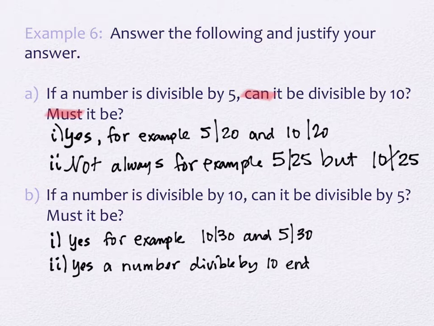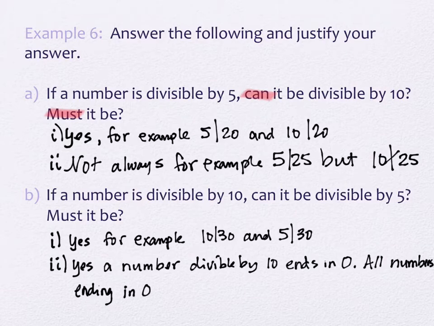Perfect. A number divisible by 10 ends in 0. And all numbers ending in 0 are divisible by 5.